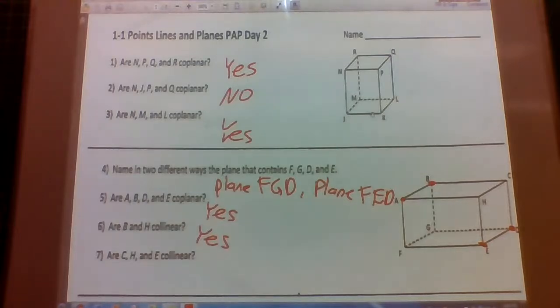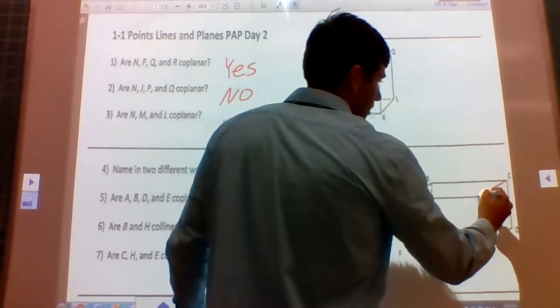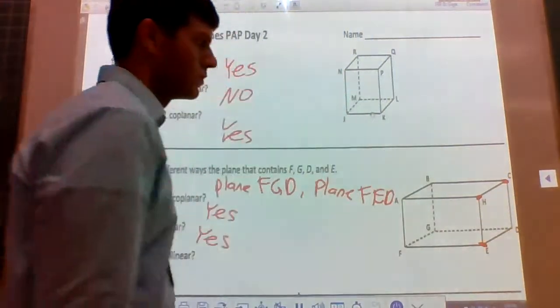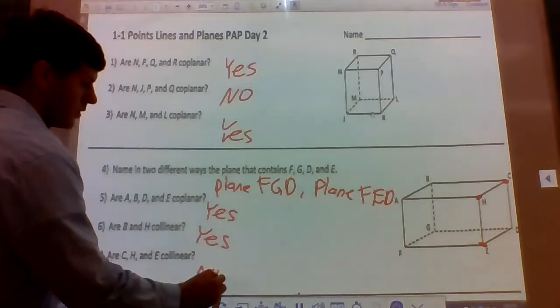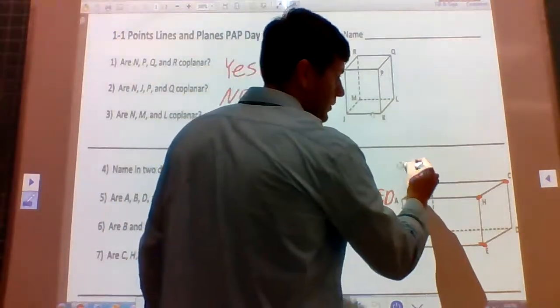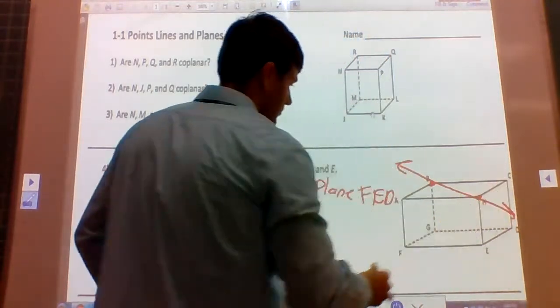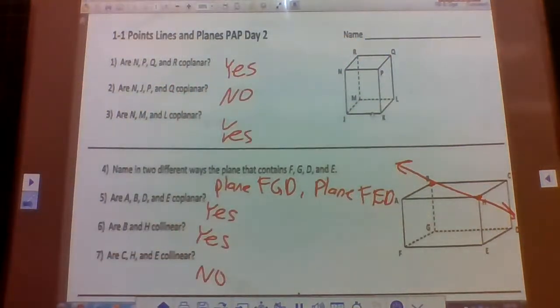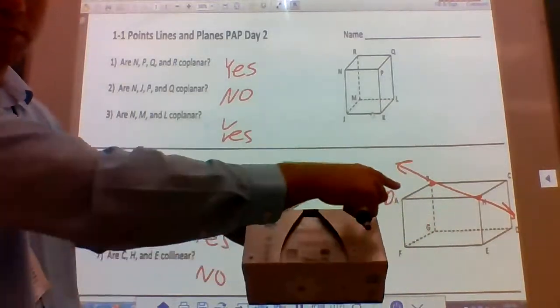Are C, H, and E collinear? The answer there is no. They're not all on the same line. So this one is no. B and H, this was BH right here. It's a line that would go right across our box diagonally.